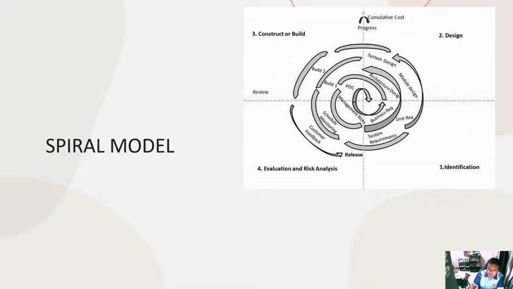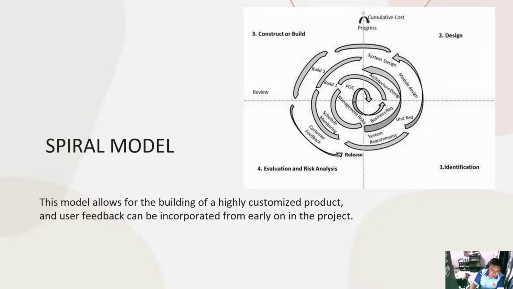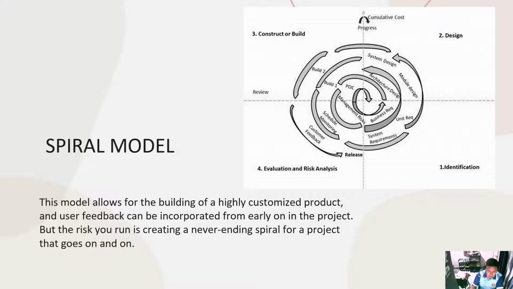So we have identification of the problem, design, coding, and then evaluation and risk analysis, the same as in our software development life cycle. This model allows for building a highly customized product, and user feedback can be incorporated from early on in the project. But the risk you can run is creating a never-ending spiral for a project that goes on and on.